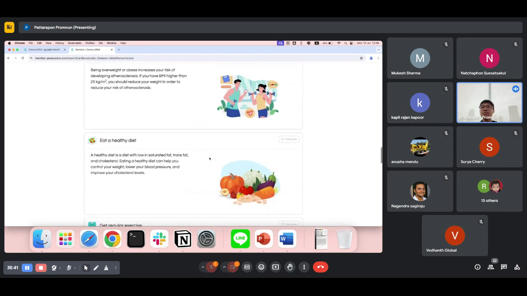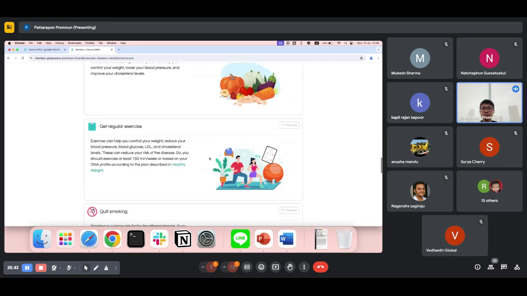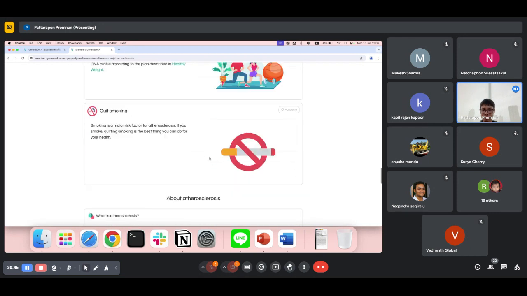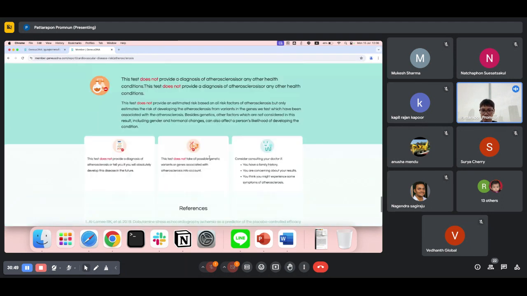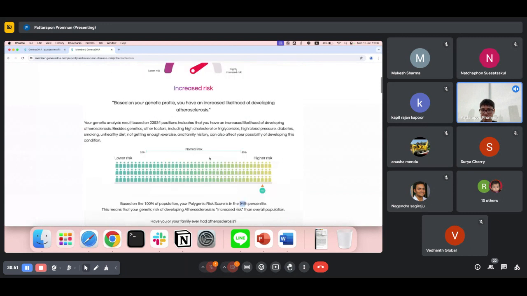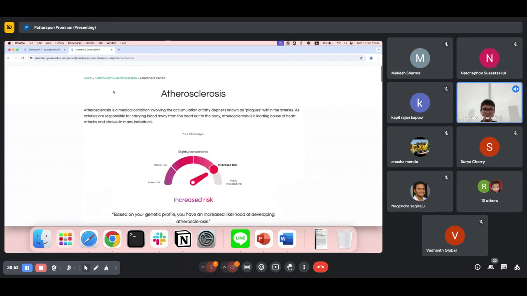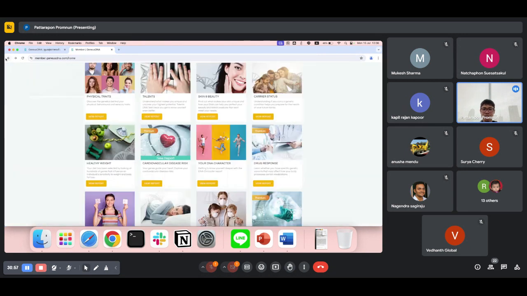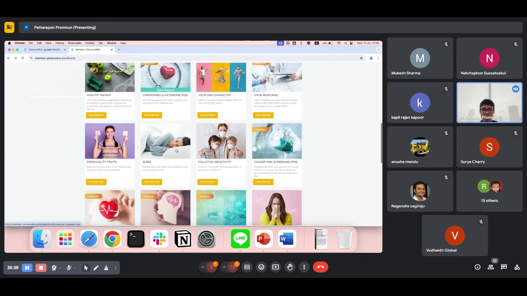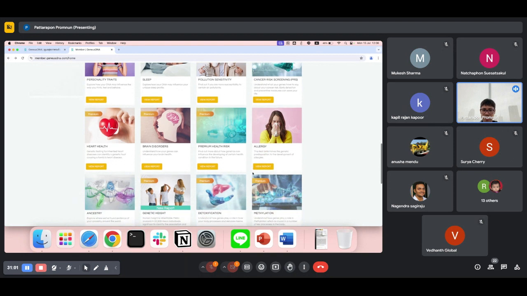So in our application, it will tell you that you have the risk of the disease, what the causes are that make this disease, and also what preventions we can take from our side. Recommendation. Okay, this is cardiovascular disease, and other important diseases are in the topic premium health risk.